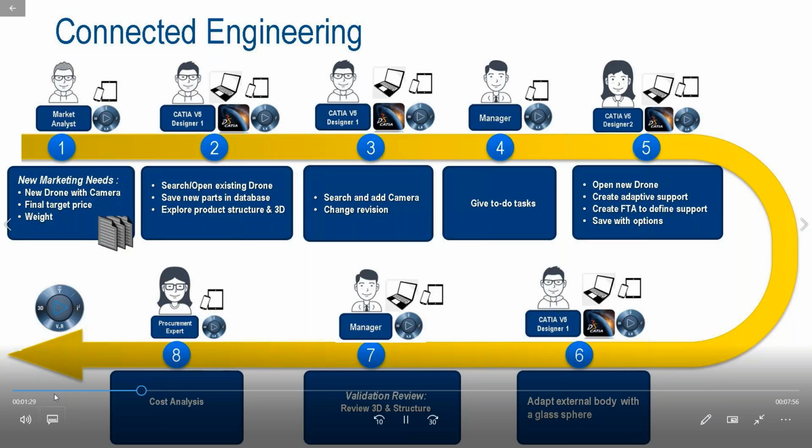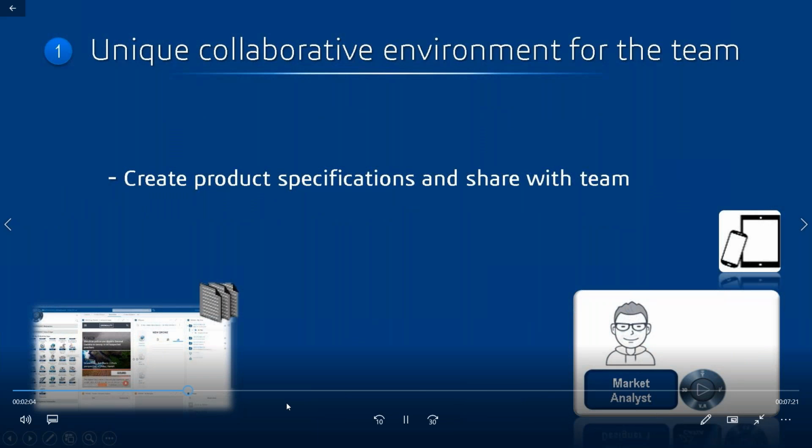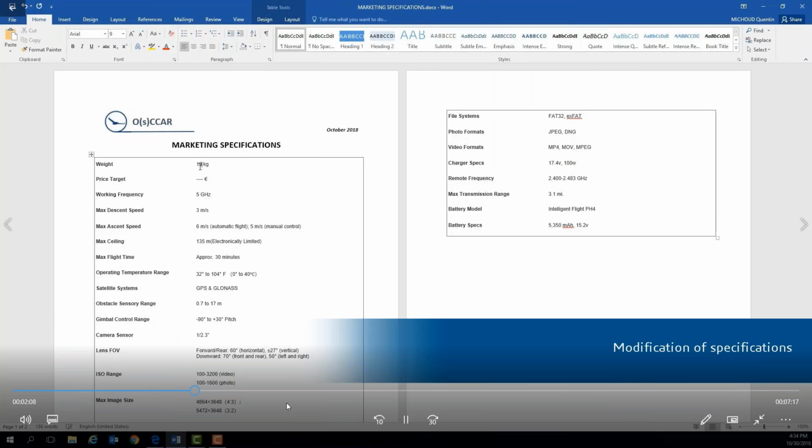So in this case, the manager reviews the data and provides his guidance to the design team. We are focusing on design changes and how they are going to impact the weight as well as the cost.